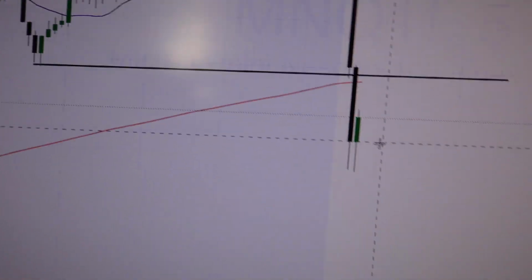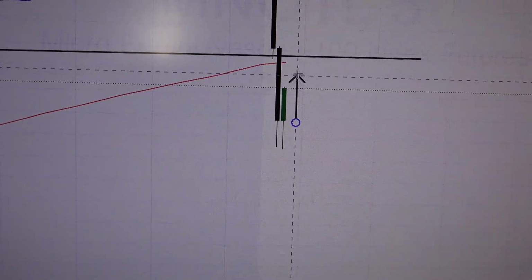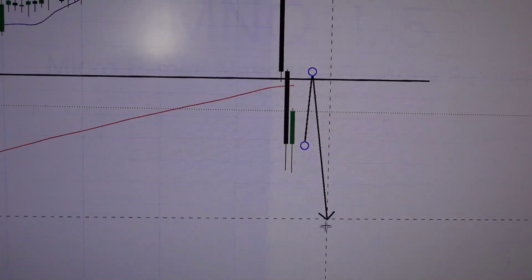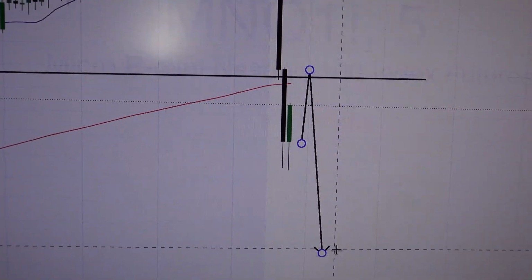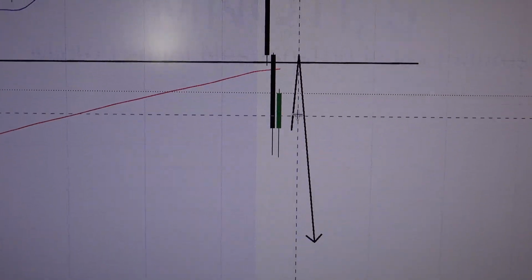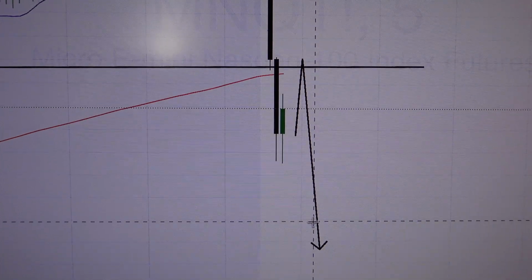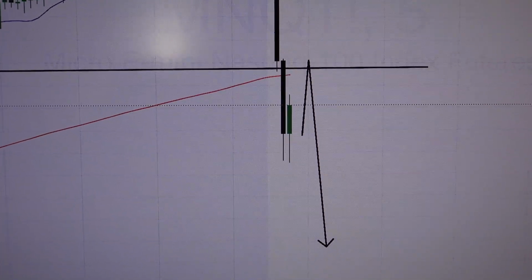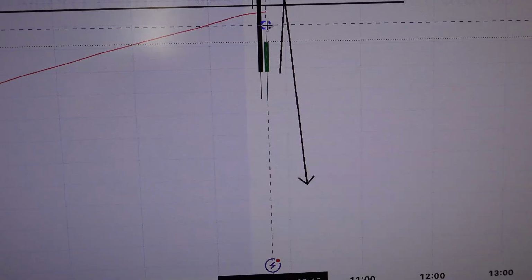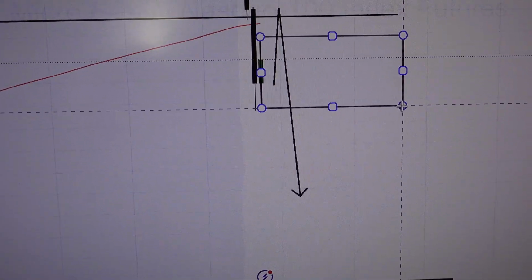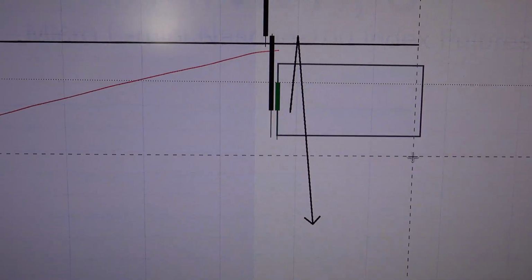Price is going to make a pullback and come back down. If it does that, I'll mark up my next supply zone.